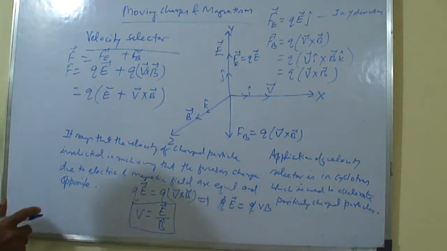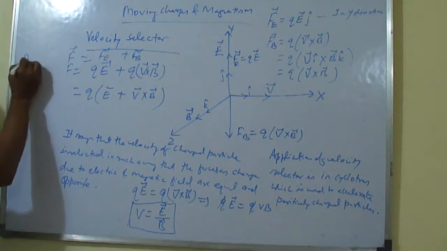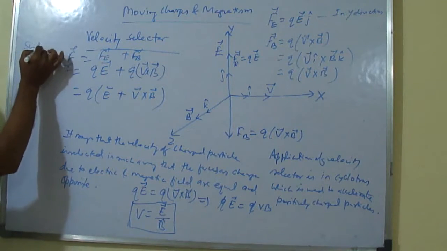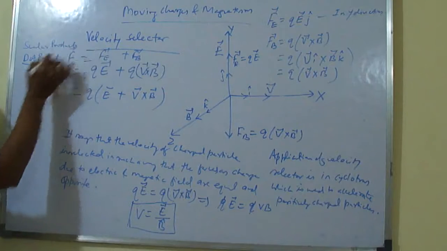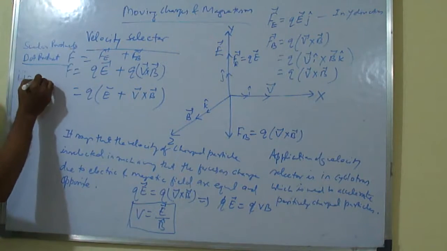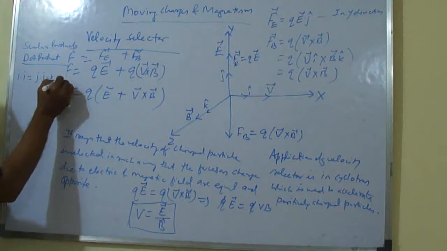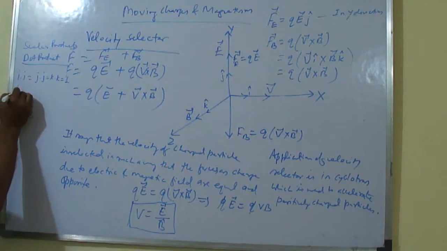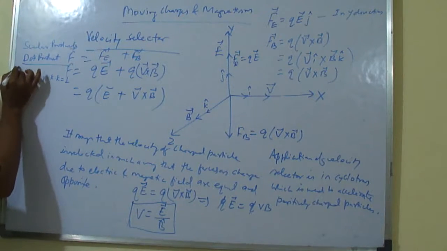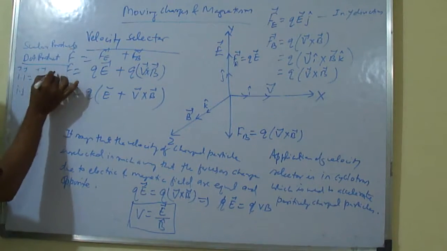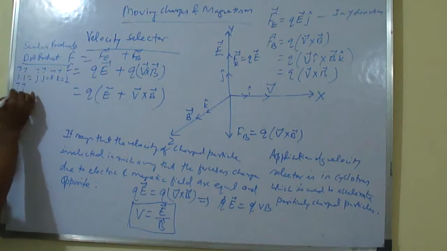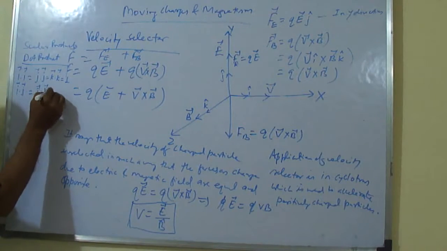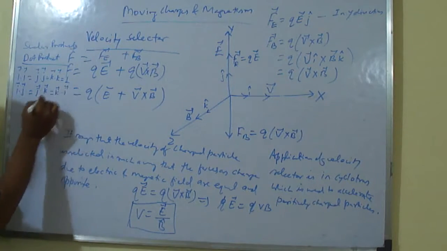You know in dot product, which is also called scalar product, I dot I, J dot J, K dot K is equal to 1. And I dot J, J dot K, K dot I is equal to 0.